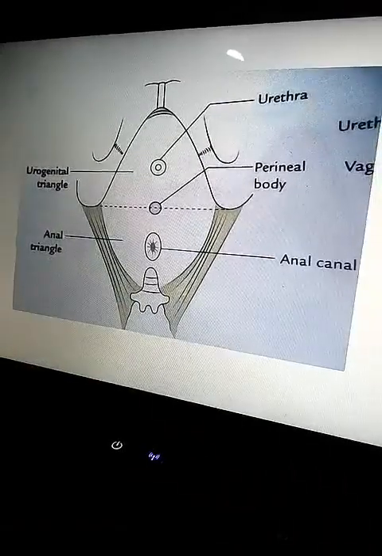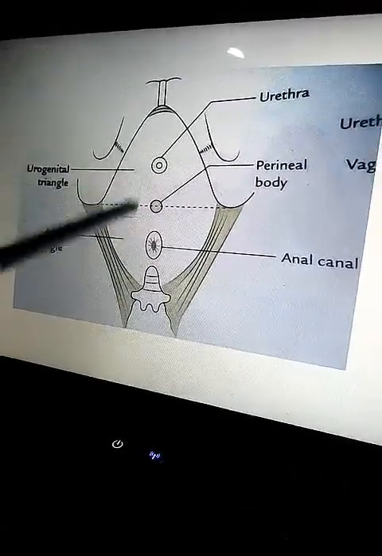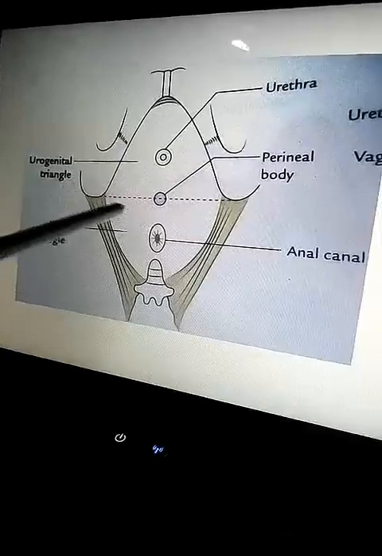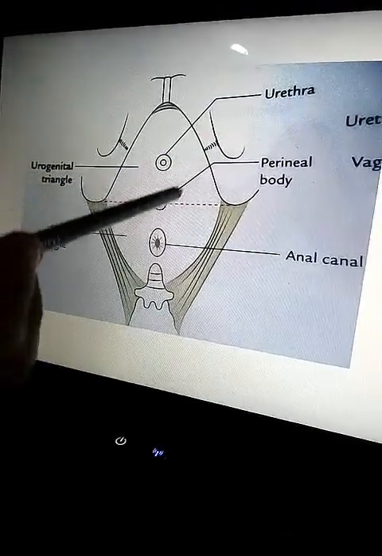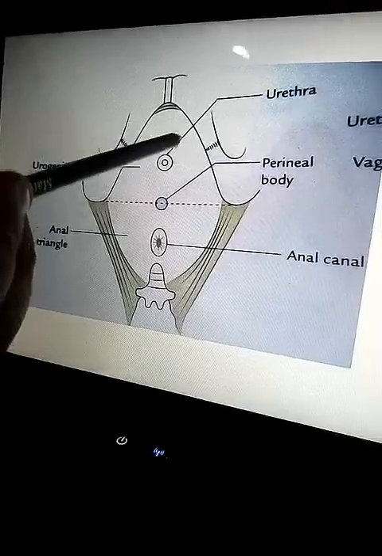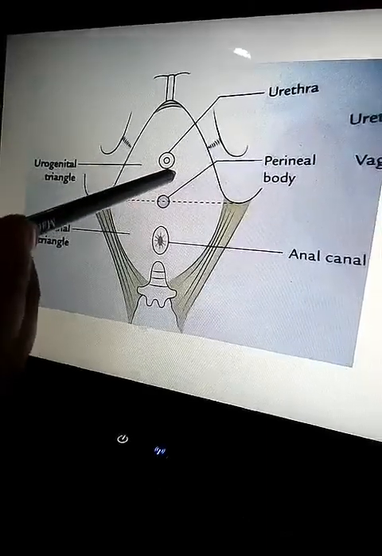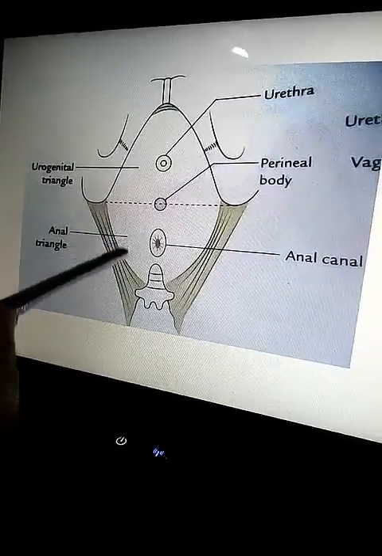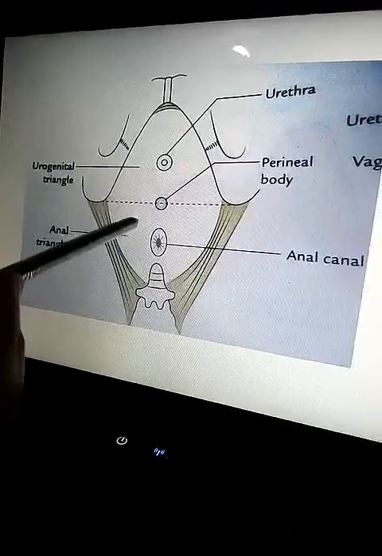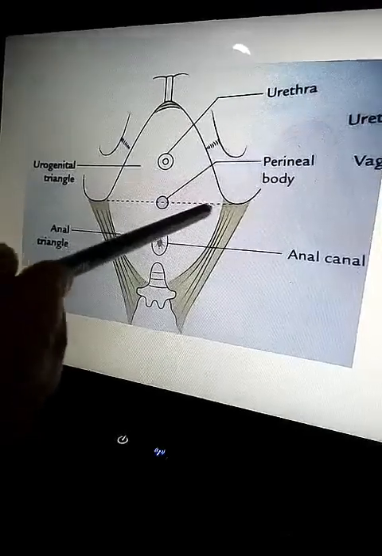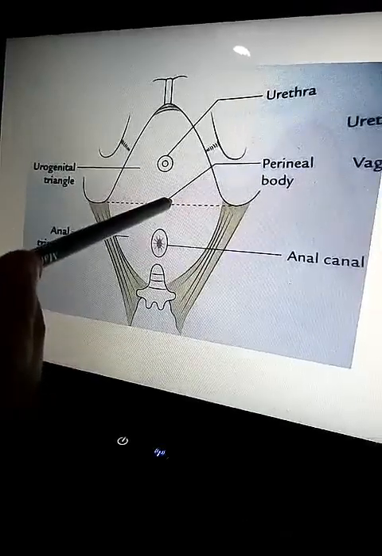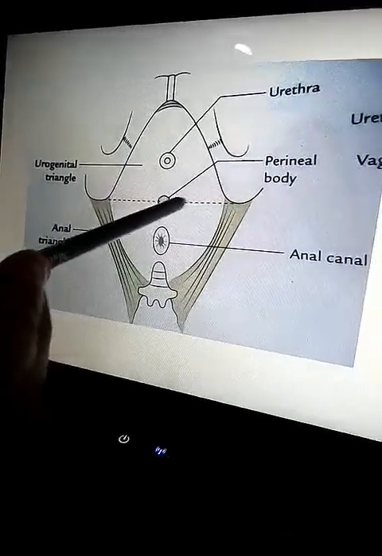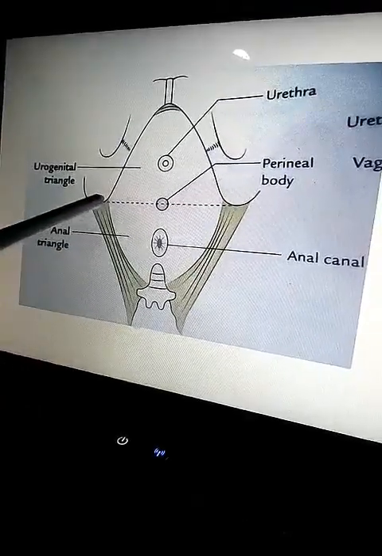Now, divisions of the perineum. The perineum is divided into two triangles, the anterior urogenital triangle or anterior perineum, and the posterior anal triangle or posterior perineum, by a horizontal plane passing through the anterior ends of the ischial tuberosities.